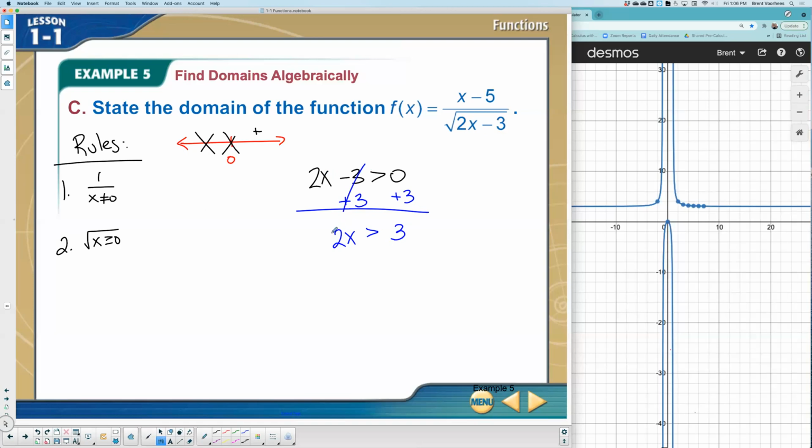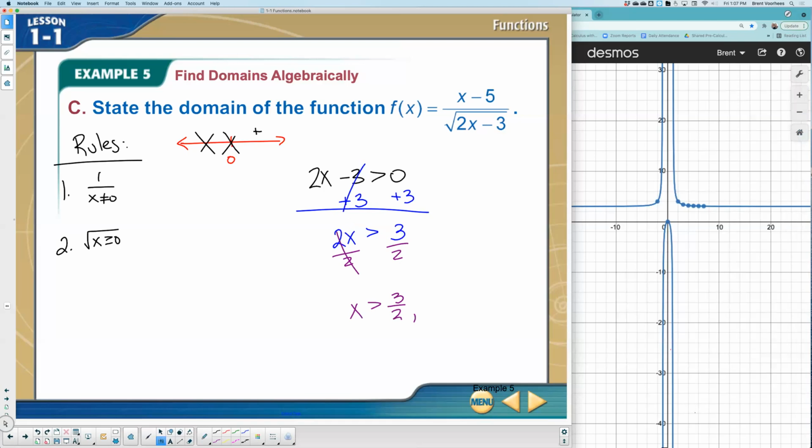That 2 is next to x. Does that mean 2 plus x, 2 minus x, 2 times x? What's the opposite of multiplication? Division. You divide by 2, we have our solution. x has to be greater than 3/2.